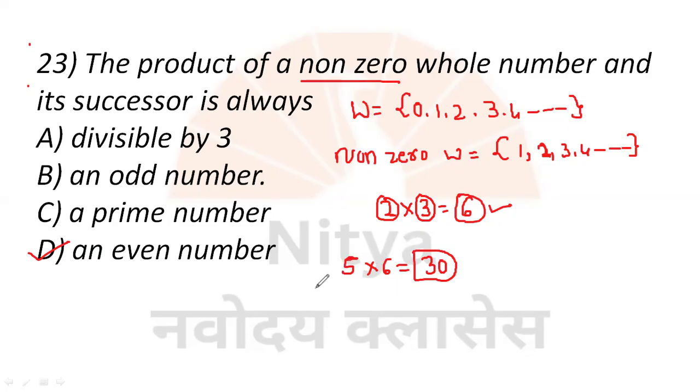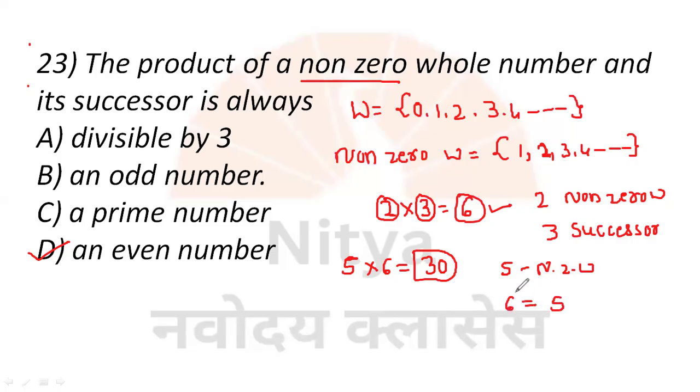And here 2 is the non-zero whole number and 3 is the successor. And here 5 is the non-zero whole number and 6 is the successor. Okay, you can take any number, then you get the answer even number. Okay, next one.